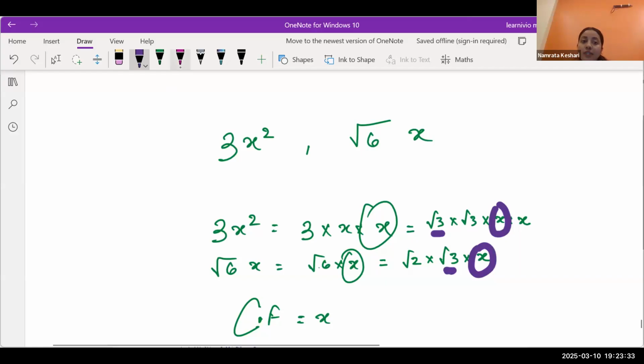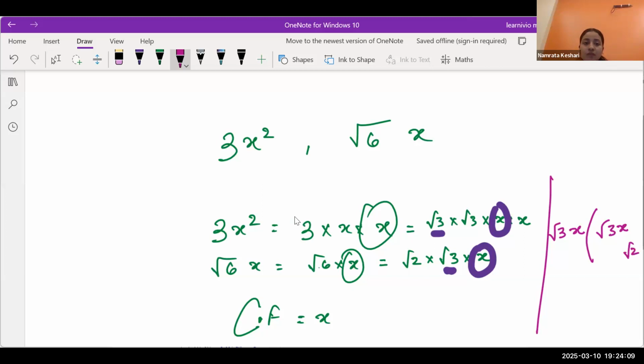Yes, ma'am. And please don't try doing everything in your mind, because even though you will understand what is common factor, you will end up getting confused while writing the remaining term. Getting my point? Yes, ma'am. If you do it this way, there is no chance of any mistake, because you are crystal clear that √3x is the common factor, and in the first term √3x is remaining, in the second term only √2 is remaining, right, Ryan?